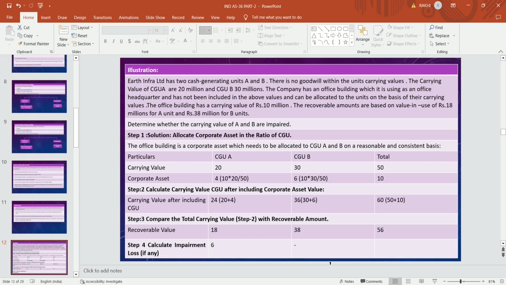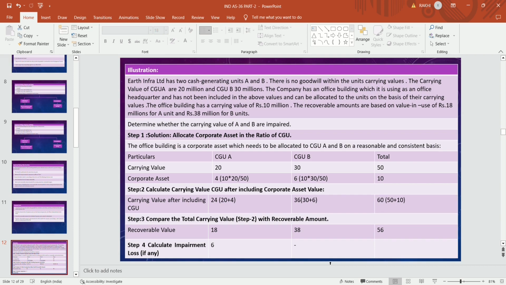So there are 2 cash generating units, A and B, and one corporate asset, the office building, having a carrying value of 10 millions.